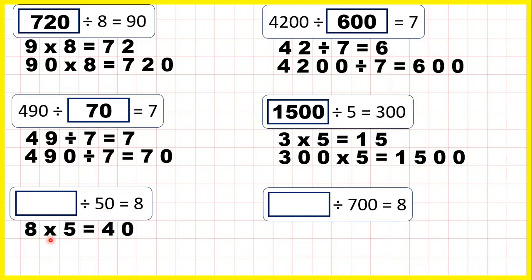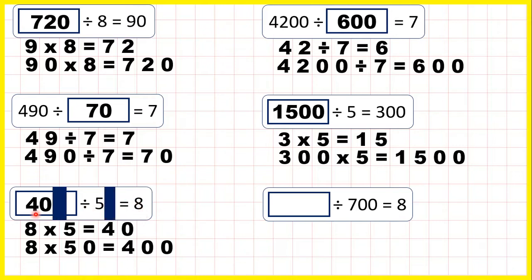We know that 8 times 5 is 40, so 8 times 50 is 400, because 8 times 5 is 40, but then if there's a zero in a multiplication, we have a zero in the answer. So 400 divided by 50 is 8, and we can see that gives the same answer as 40 divided by 5, because we can cancel our zeros in the division question.